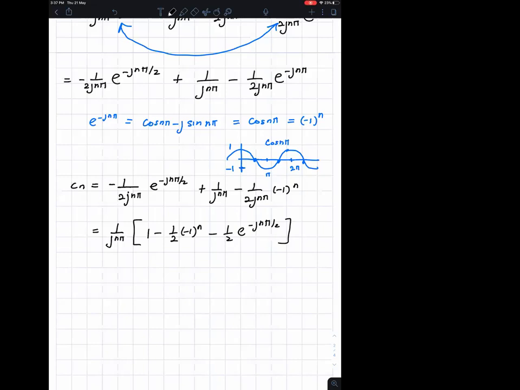Okay, this is the Cn. And then this is the C0.